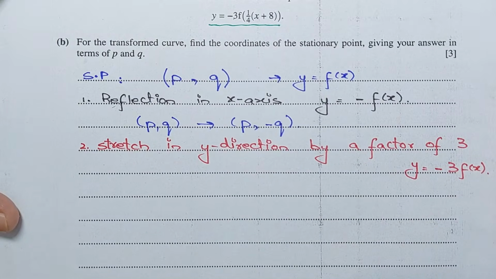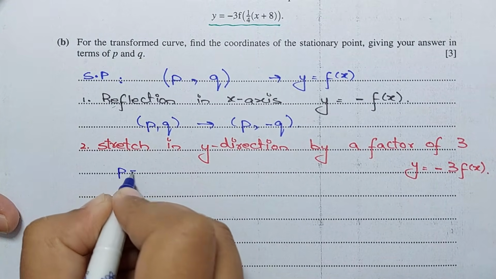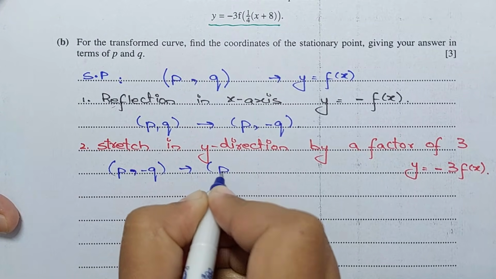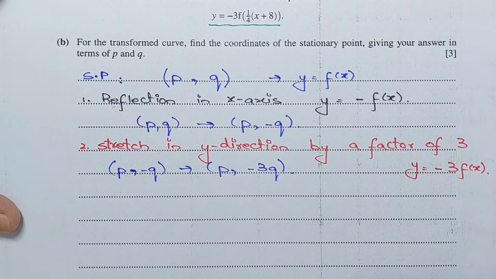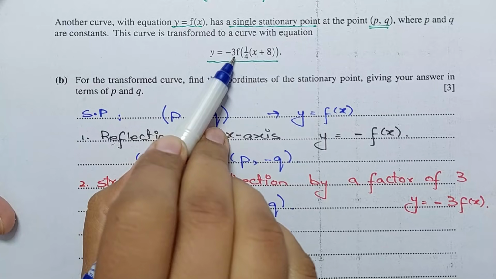The y coordinates are just multiplied by 3. Now P and minus Q turns to P and minus 3Q when we have a stretch in y direction by a factor of 3. Okay, so we are done with the minus, we are done with the 3.